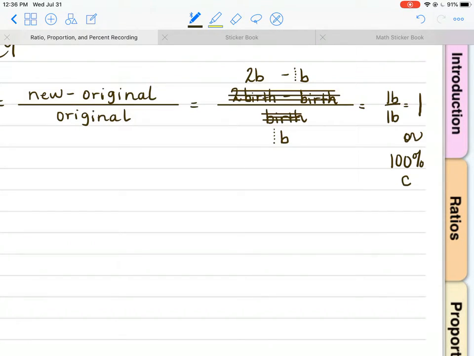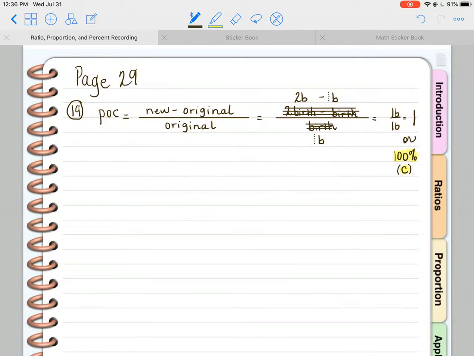She had her birth weight, and then she had it again, 100% of her birth weight. So I would go with option C on this one. It's a good question, but you need some algebra really to know how to solve that one. Okay, number 20.